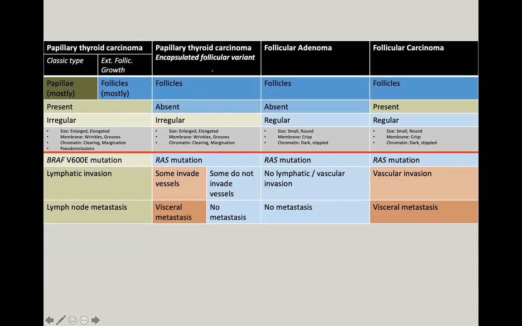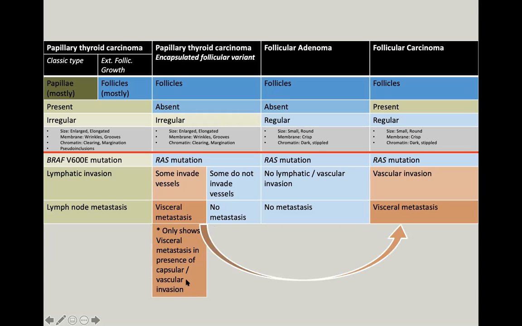So interestingly, the encapsulated follicular variant of PTC was starting to show features more akin to a follicular neoplasm, where there was really only metastasis in the presence of capsular or vascular invasion, which looked very much like follicular carcinoma, and no metastasis in the absence of capsular invasion, which looked very much like a follicular adenoma.